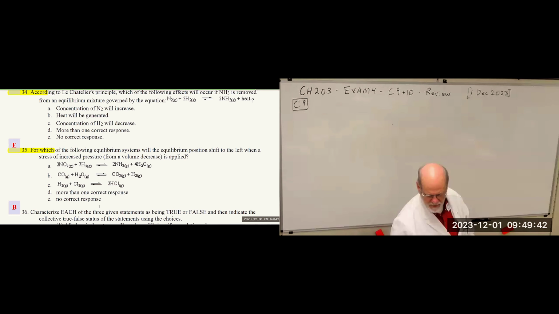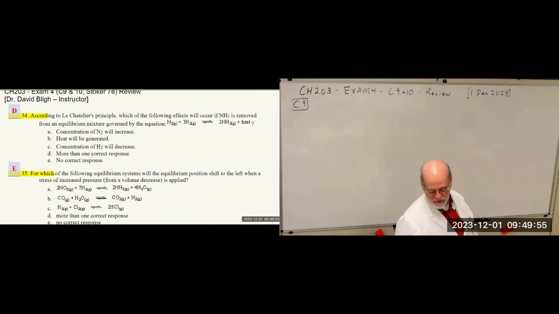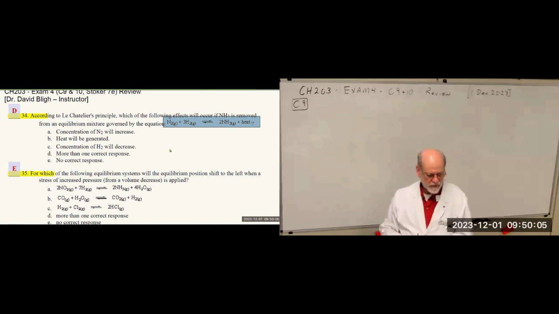Let's see, curiosity just popped into my head. Okay, look at this equation here. 4 moles on the left and 2 on the right.